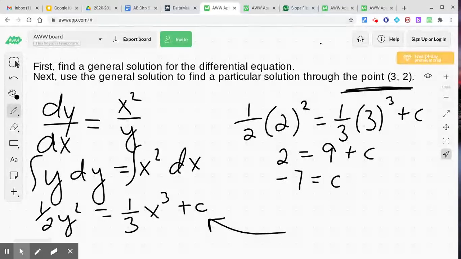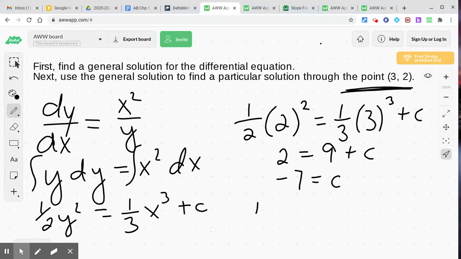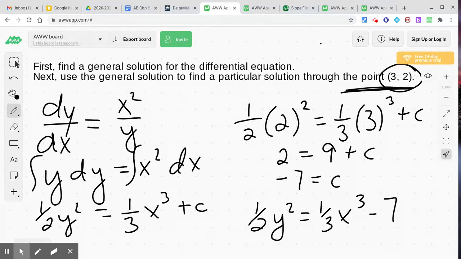So what that means is, and let's get a little bit of room down here, my c is equal to -7, so 1/2 y squared equals 1/3 x cubed minus 7 is my particular solution through the point (3, 2).